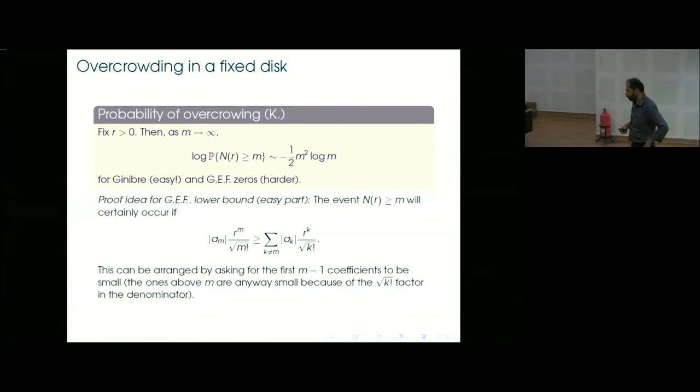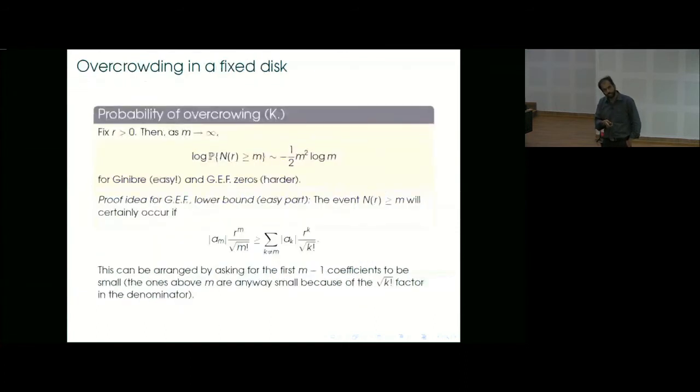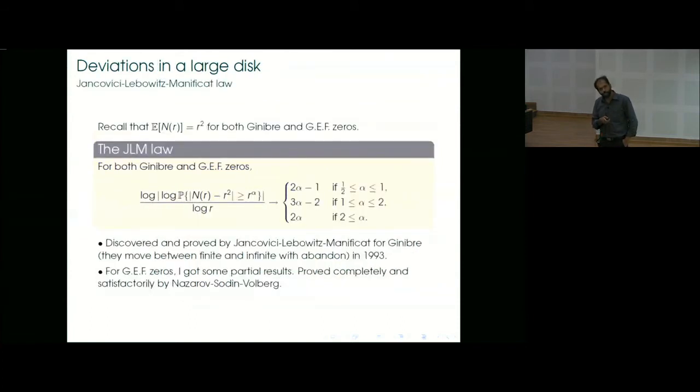Okay. So this is one kind of large deviation where you took a fixed region and asked for an overcrowding of a large number of zeros coming into a fixed region. But you can ask other sorts of large deviation like questions. In the rest of the results, here it was a fixed region and a large number. In the next results, it will be a growing region, but still you want a deviant event. Okay? So you take a disk of radius r, suppose.